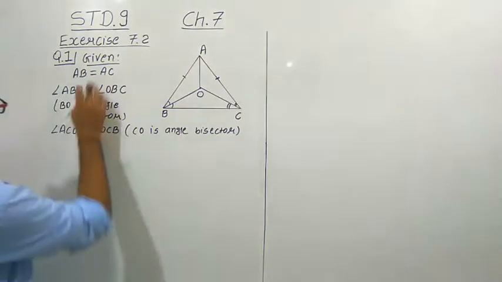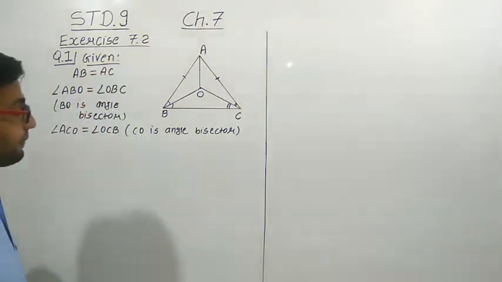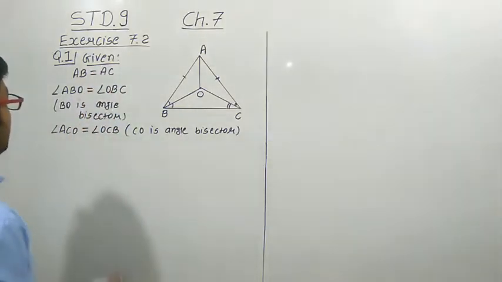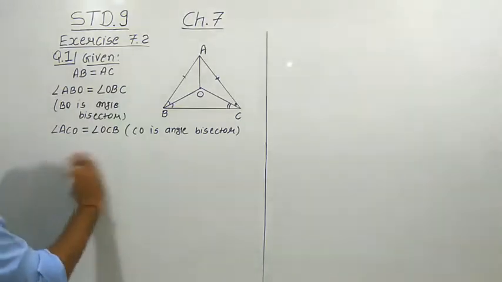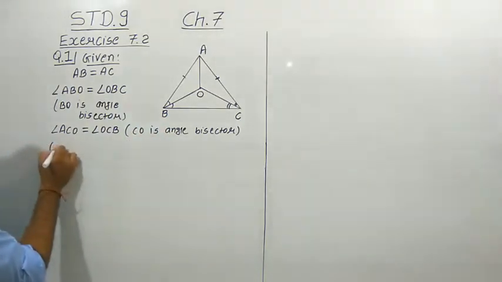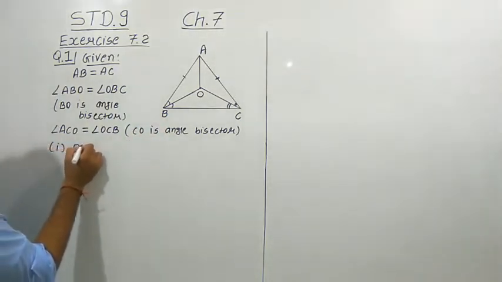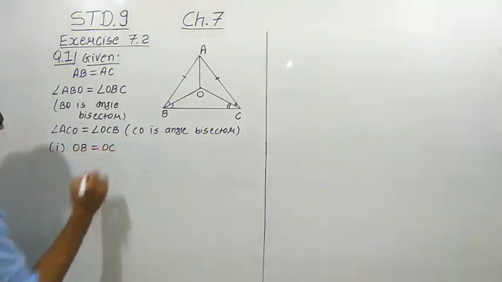So all these things are given, write them down in the given section. Now let us prove that OB is equal to OC. The first thing we have to prove is that OB is equal to OC.